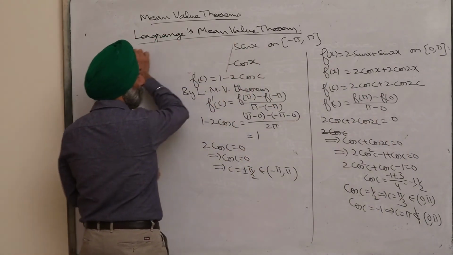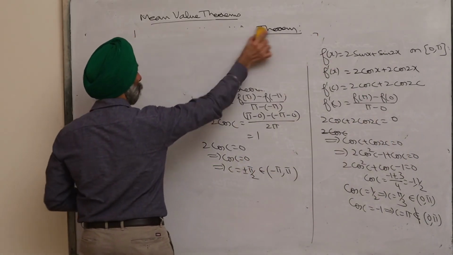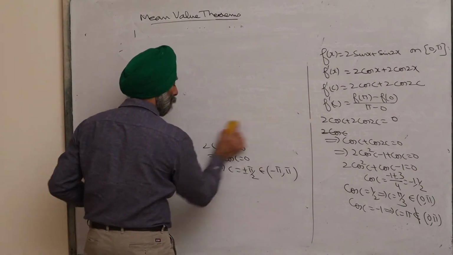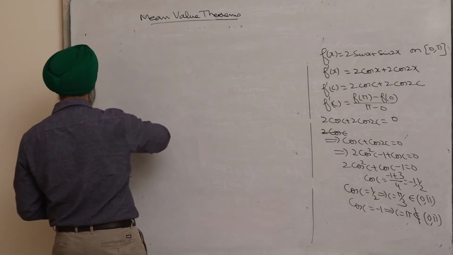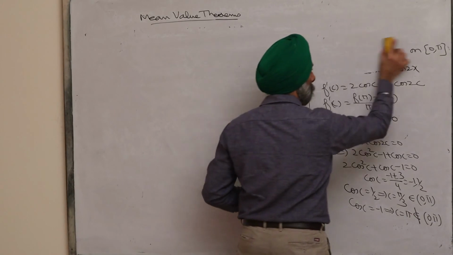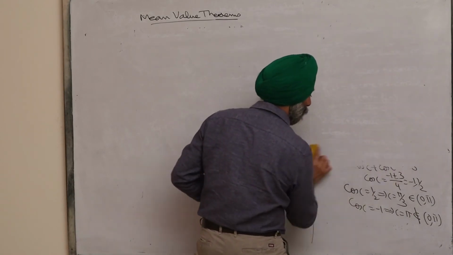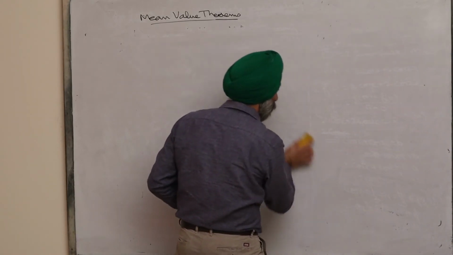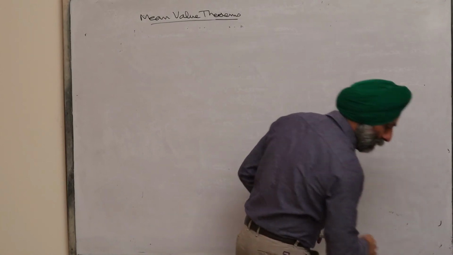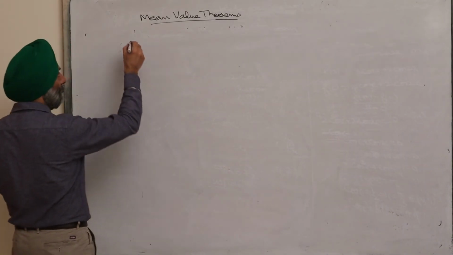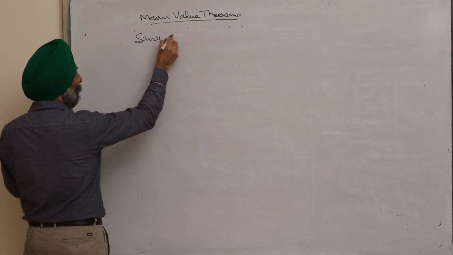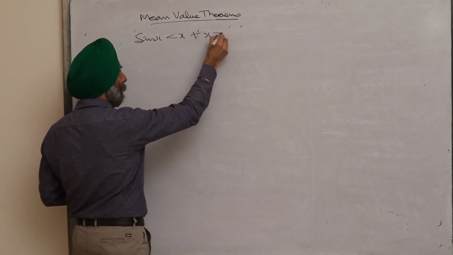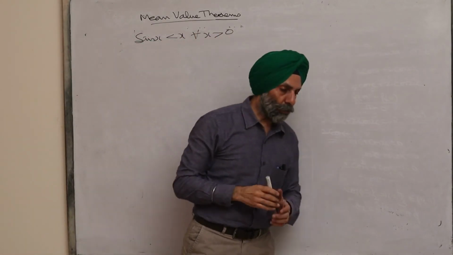Now next is, using Lagrange's mean value theorem, show that sin x is less than x for all x greater than 0.